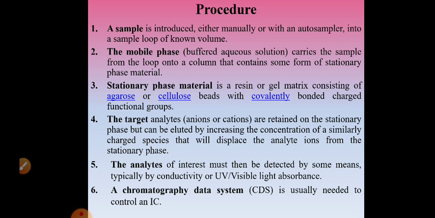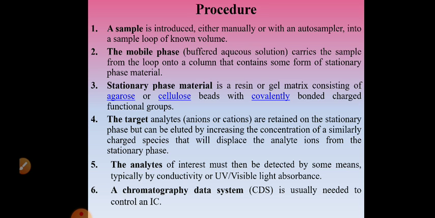If you want to introduce H+ as counter ion, wash it with HCl. If you want nitrate, NO3, as counter ion, wash it with NaNO3. Formic acid, if you want formate as counter ion. So depending upon what counter ion you want, your ion exchanger resin is washed with different chemicals.